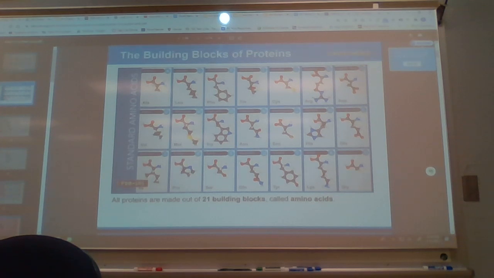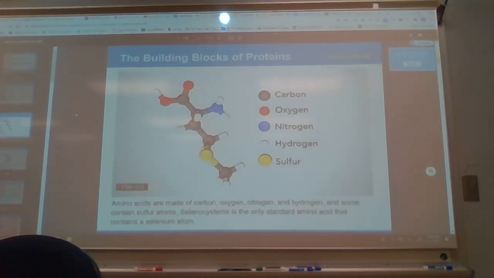So we can build a chain out of any sequence of these amino acids. You can see there's a wide variety of size and shape here, right?